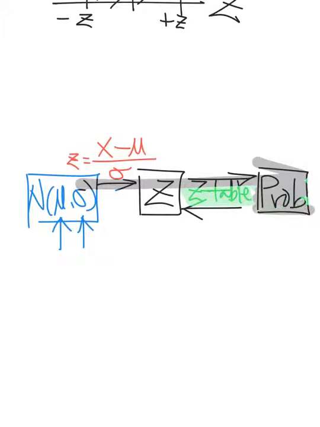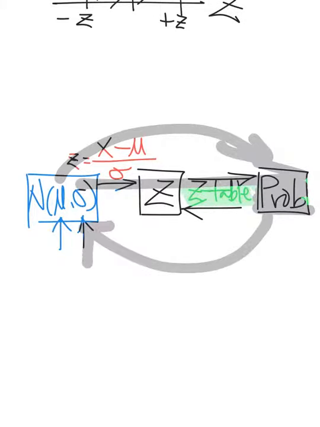Take the probability. Good? What do you expect? What will be the next topic? We go this way. Why not? The next topic will be to go the other way. Yesterday we discussed how we can take the z-score from a given probability.